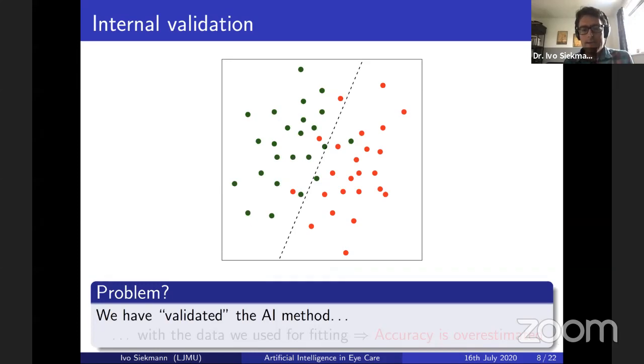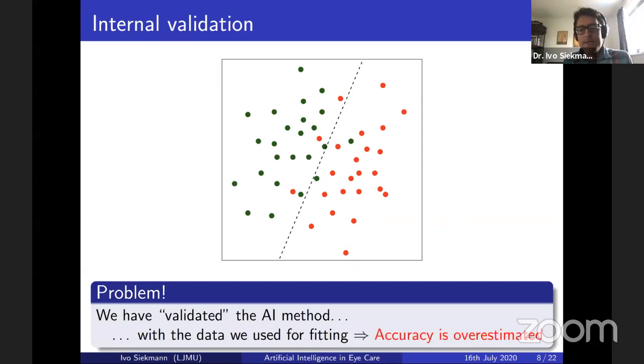The problem is that we have validated this AI method with the data that we have used for fitting. And our line depends on the data points that we have used, of course, so it will always be slightly biased by the data we have used for fitting.